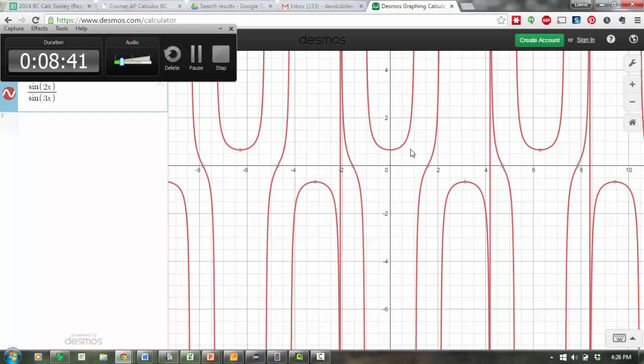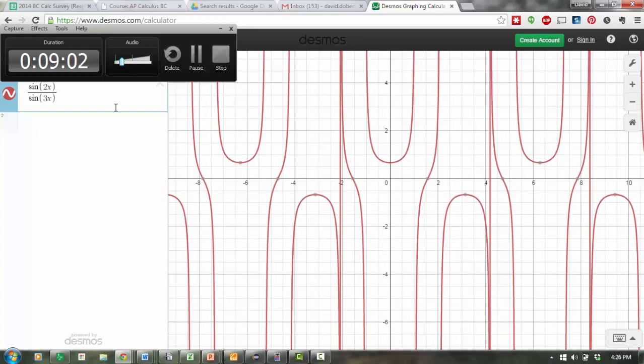It looks like these vertical asymptotes, they're not drawn in, but you can kind of see how they're spaced. And then, what else was I looking for? Oh, holes. So Desmos doesn't actually show us the holes, but it looks like they're here at 0, and then pi, and then 2 pi, and 3 pi.